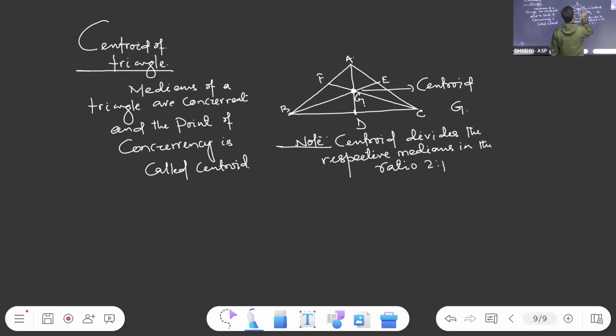That means AG is to GD is equal to 2:1. Clear?